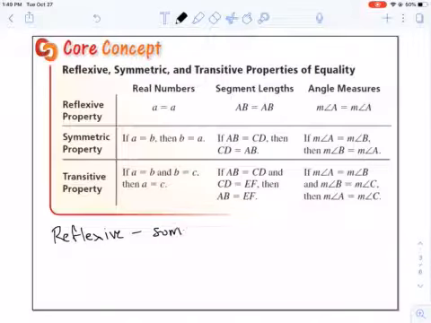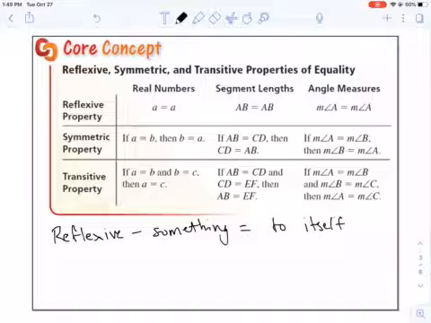So reflexive just says something is equal to itself. The example they give is A equals A, AB equals AB, the measure of angle A equals the measure of angle A. So that's reflexive.